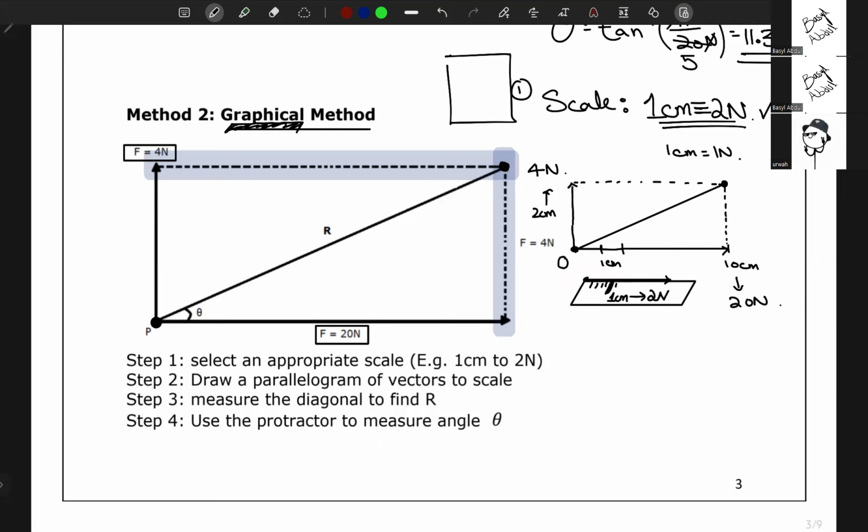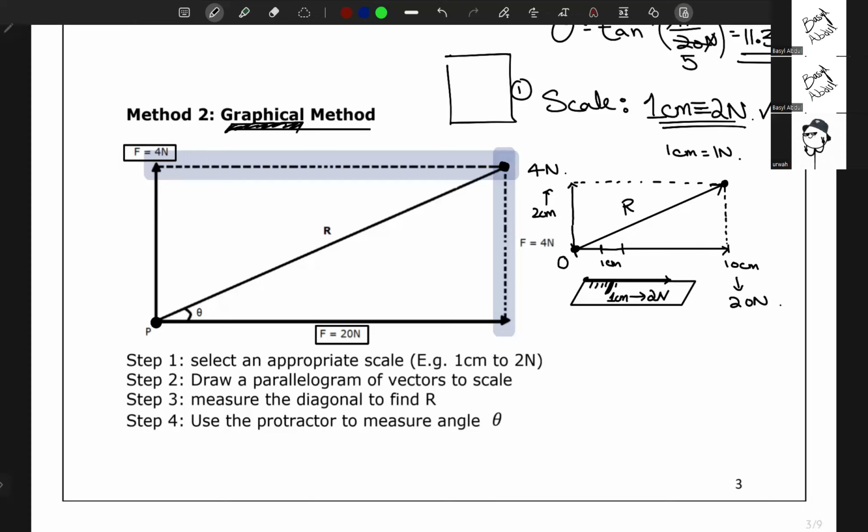Now it's very simple. All you have to do to find the resultant, now this was the resultant vector, right? This is the resultant vector as we discussed in the last class as well. To know what would be the force corresponding to this R, you'll put a scale on this and measure from its tail to its head, and you'd get an answer in centimeters.